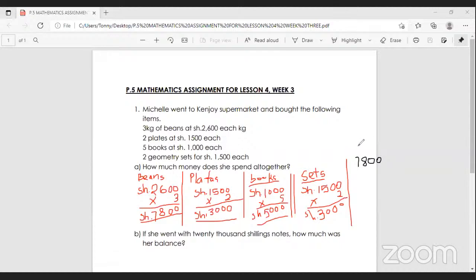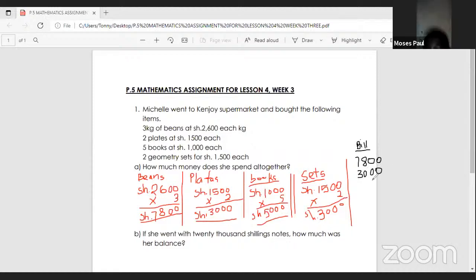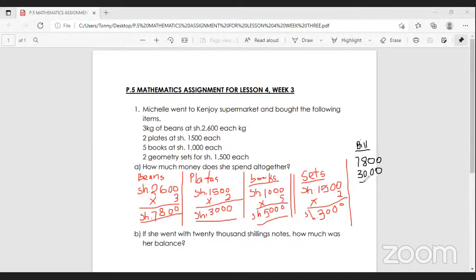I don't know whether you will be able to see. I didn't manage my space properly, but let me try. Then we have the next item, plates. We have spent 3,000. You add. Then we have the next item. We have spent 5,000. You add.